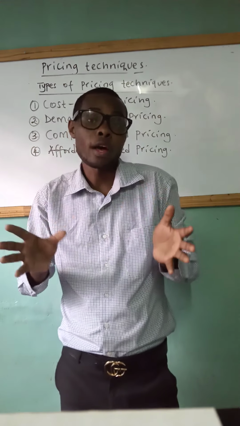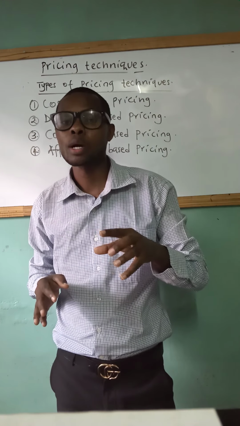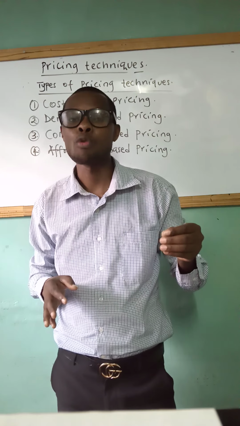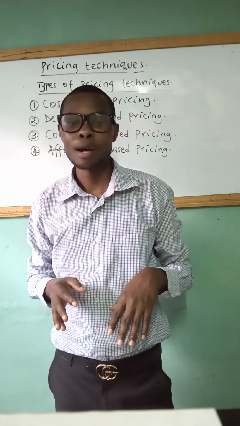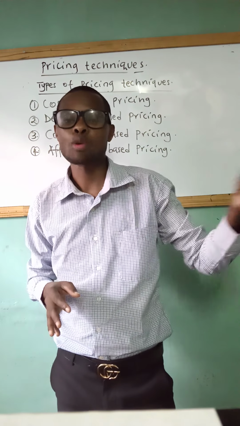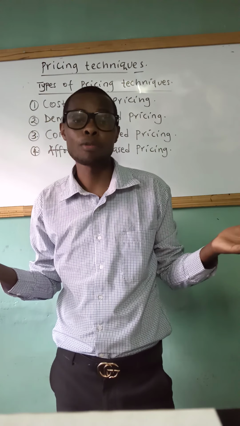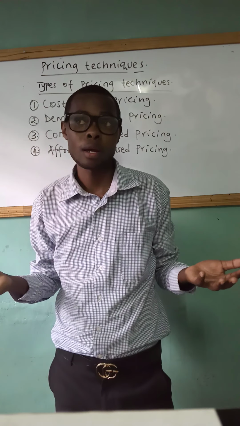Those people who go there, those who can afford. But if you go to a hotel or a restaurant or a Mama Mboga's kiosk at a place like Buruburu or Kayole, you find that a cup of tea goes for 10 shillings. Why? Because of affordability. The target customers cannot afford a cup of tea at 500 shillings. If you charge a cup of tea in those places at 500 shillings, nobody will buy, alright?